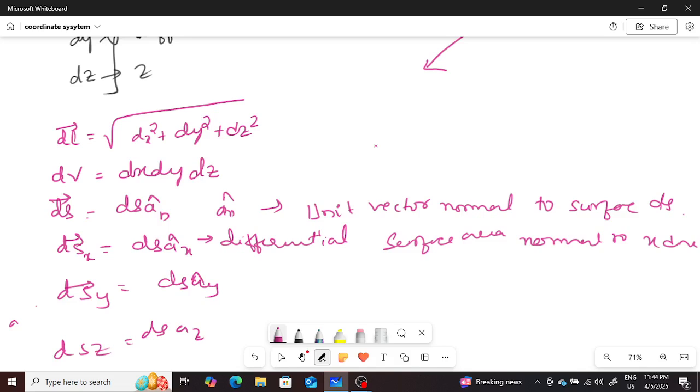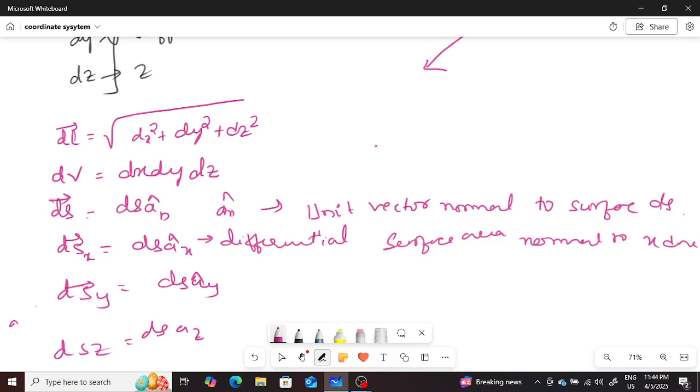That length is nothing but the differential length, calculated from the differential elements. Those elements are nothing but dx, dy, dz in the Cartesian coordinate system. This is purely regarding the Cartesian coordinate system. This is a small bit which I haven't touched in my previous class.